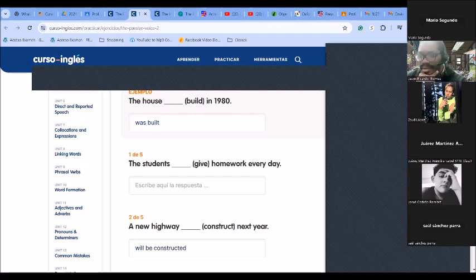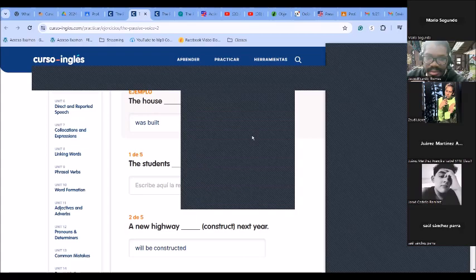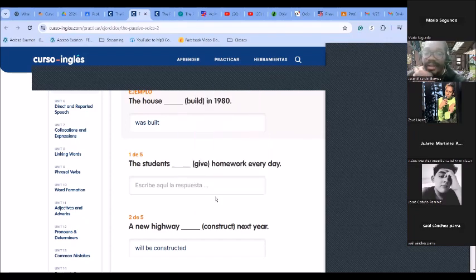All right, Paula, I'm not sure what's going on with your mic, and I don't see any response from you. All right, there we go. The students will be given. You think it's will be, you think it's future? Your time expression tells me something else. Your time expression says every day.